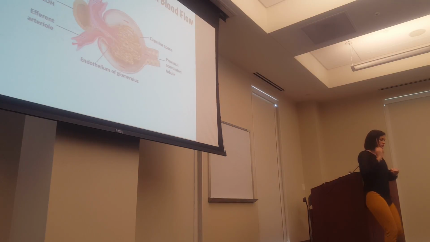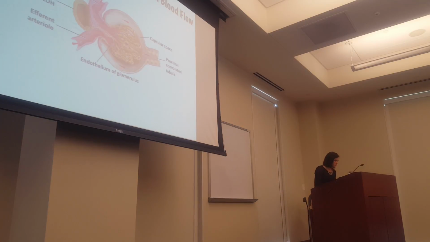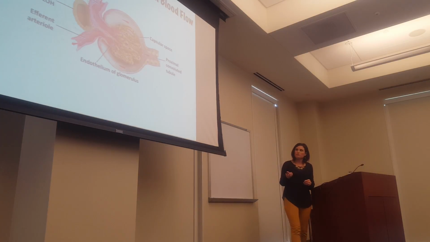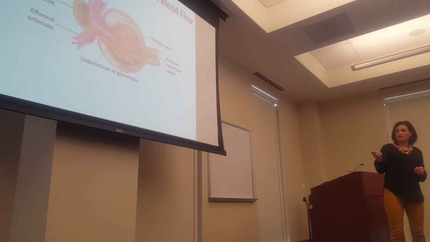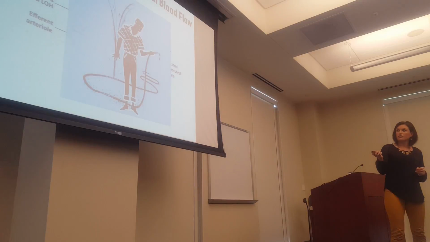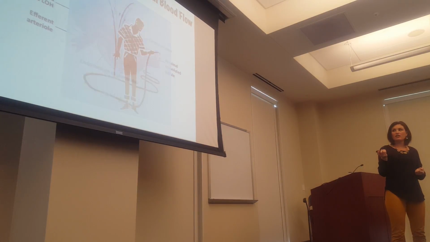So, this is what we're talking about. Again, the afferent and efferent arteriole and the glomerulus. And we're going to look at this in terms of a garden hose. All right, so think about it.